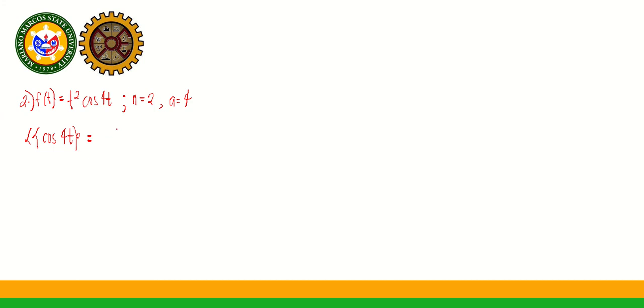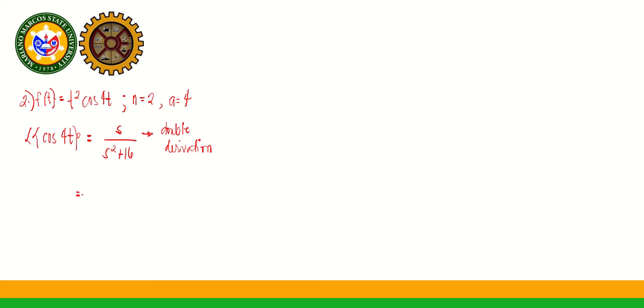So the Laplace of cosine 4t is equal to s over s squared plus 16, since 4 squared is equal to 16. Since n is equal to 2, we have to apply double derivation.